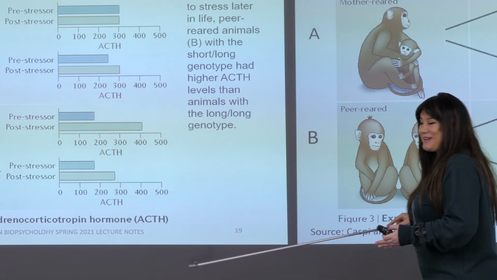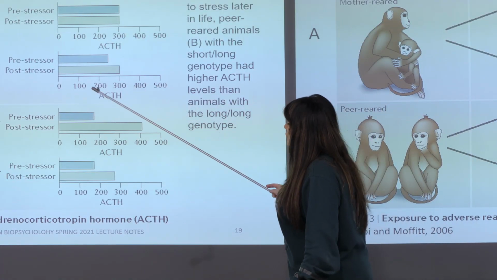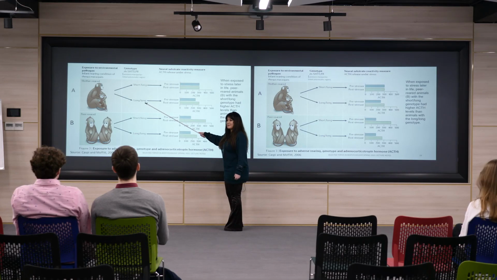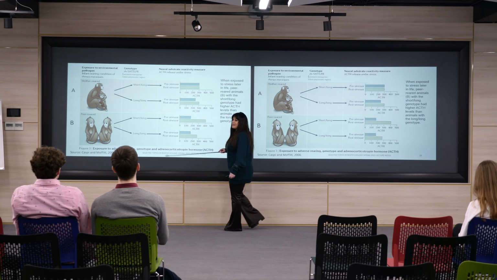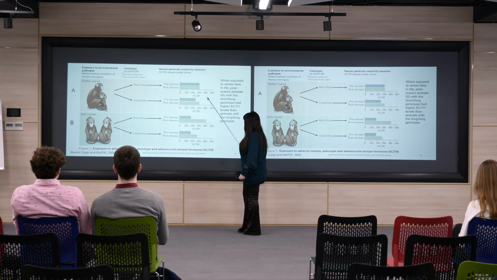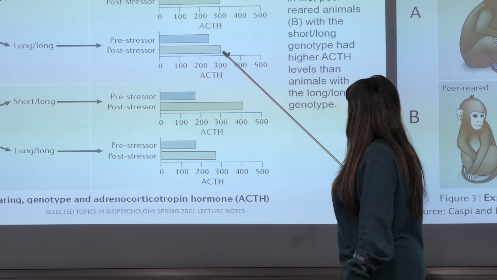Before stress or after stress. But the ones who have the long version of the serotonin transporter, which will lead to less serotonin in the system, they actually have more hormone reaction here.